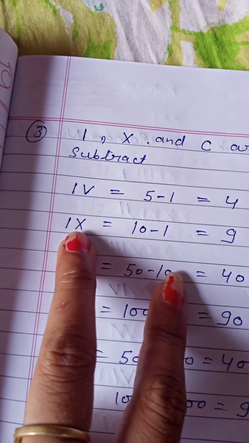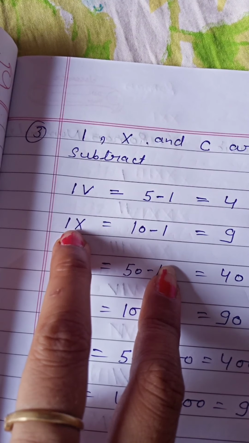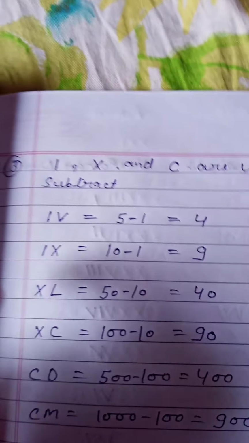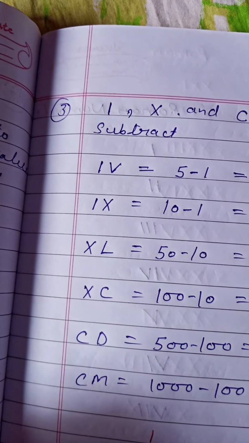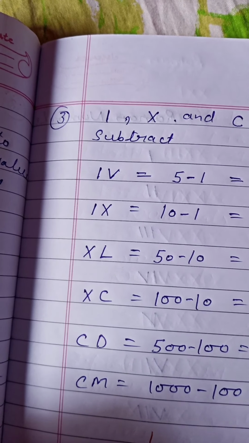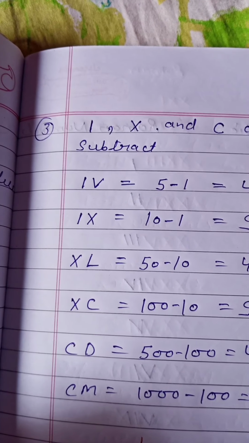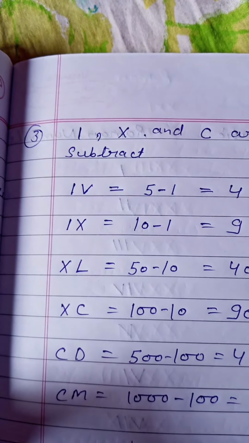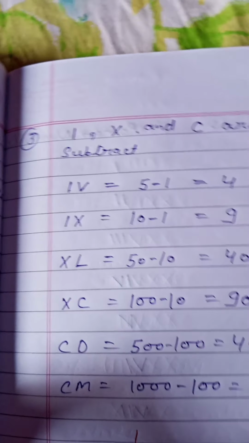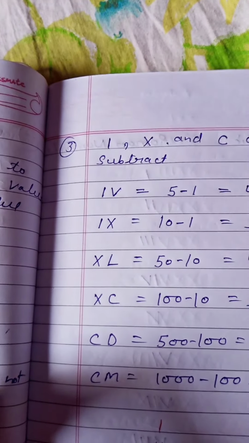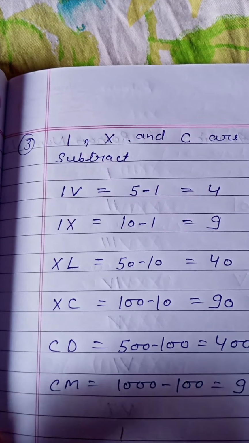Here IX: X is equal to 10, I is equal to 1. I is written left to the greater value, so it is subtracted. If a small value is written left to the greater value, then it will be subtracted. So 10 minus 1 is equal to 9.